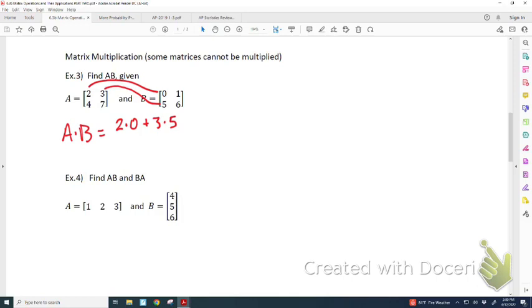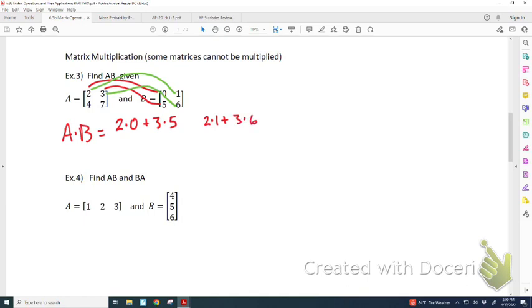So with all the lines being drawn, it's going to get a little crazy. I'll draw them for this step, but on the next step, we're going to need to erase. So we go 2 times 1 plus 3 times 6. So one more time, 2 times 1 plus 3 times 6.